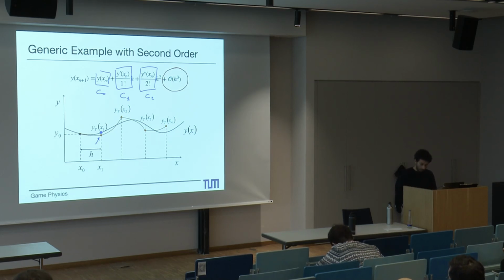So this equation holds exactly if we have the sum for, let's say, i that goes from 0 to infinity of the ith derivative at the position xn divided by i factorial times h to the power of i.